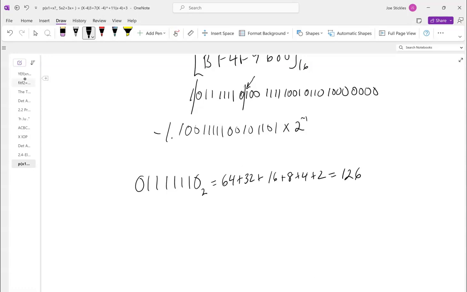It is 126, right? But remember again, the 126 comes about because you had your original exponent and you added 127 to it, right? That's how we put it in machine representation. So to get back to the original exponent, to get this negative 1 here, this is 126 minus 127.